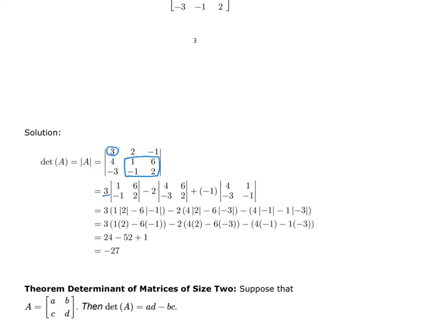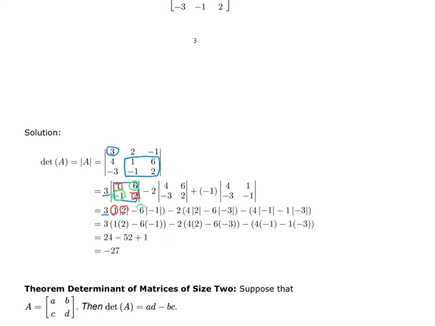So this 3 and then this smaller matrix. Now then I go in further and say, okay, here's my 3 still. What happened to that smaller matrix? Well, then I do this 1 multiplied by this 2, and then I would do the 6 multiplied by this -1.